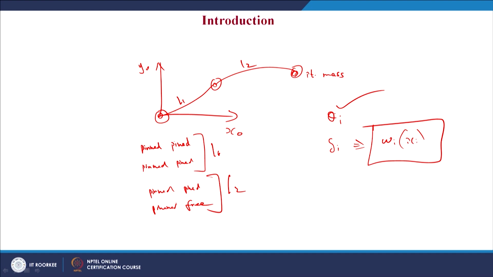Because of rigid robot kinematics and dynamics, we know theta i is the generalized coordinate for the robotic system for rigid links, and the deflection in the flexible link will be given by the term Wi of xi. That is the one which determines the deflection of the link Li having the flexibility.